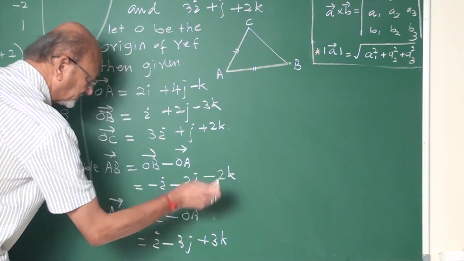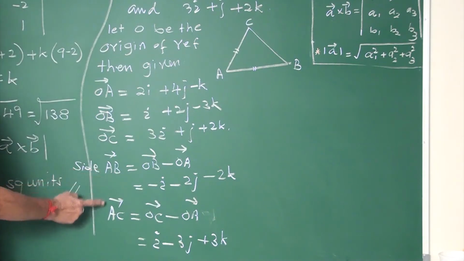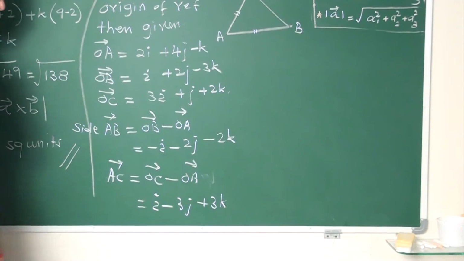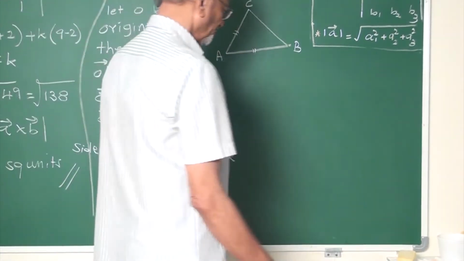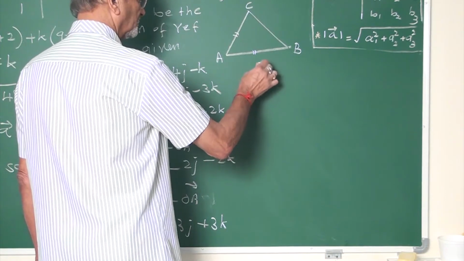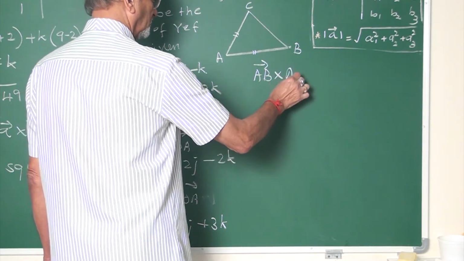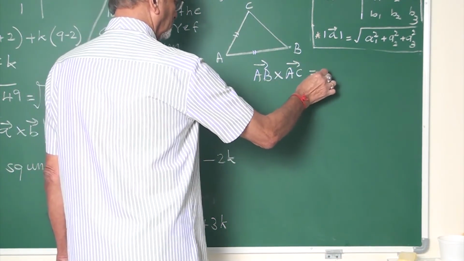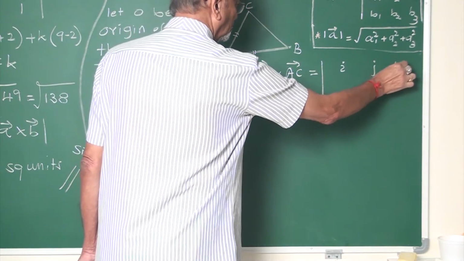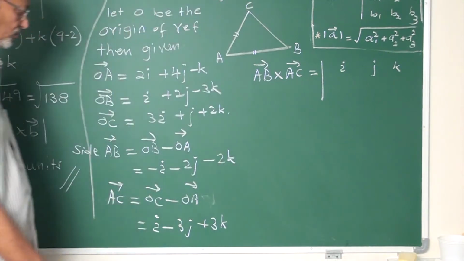Yes, my friends. This is AB, this is AC. Then what do you have to find? AB cross AC first. This is a determinant: i j k, first row.